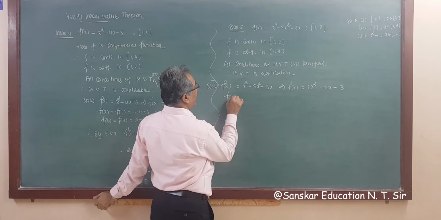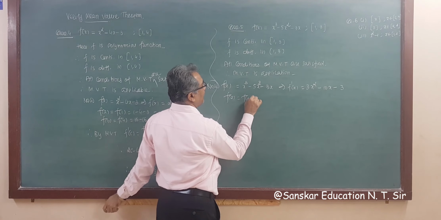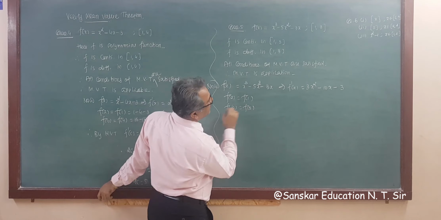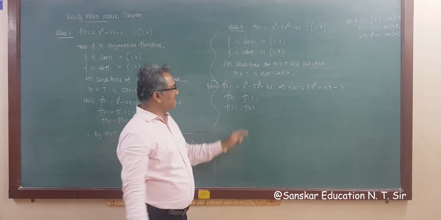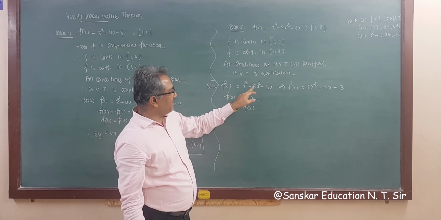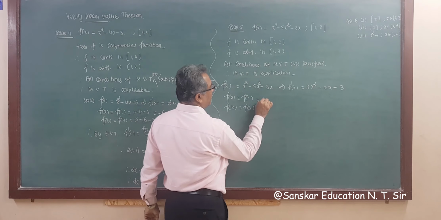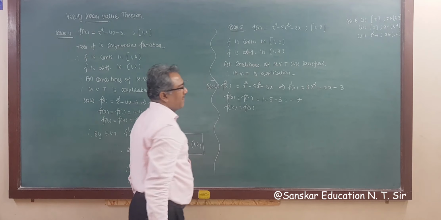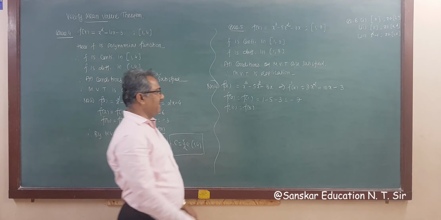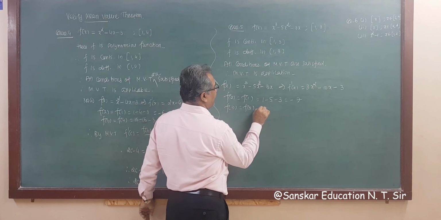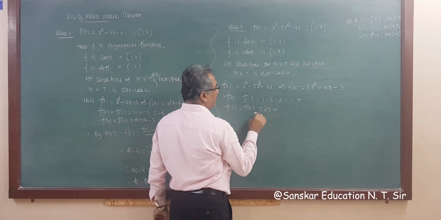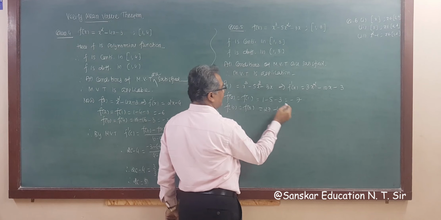So f(a) is equal to f(1) and f(b) is equal to f(3). So substitute x equal to 1 here. What we get? 1 minus 5 minus 3 is equal to minus 7. Now for 3: 27 minus 9 into 5, 45, and minus 9.